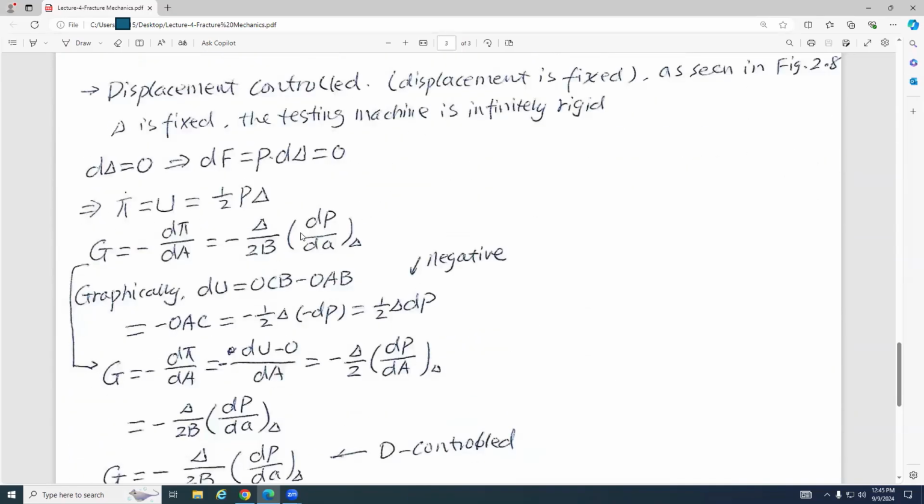So for displacement control, as I said, this delta is constant. That's the reason I can take this out from this derivative sign. But the P is not constant. P is related to the crack length.